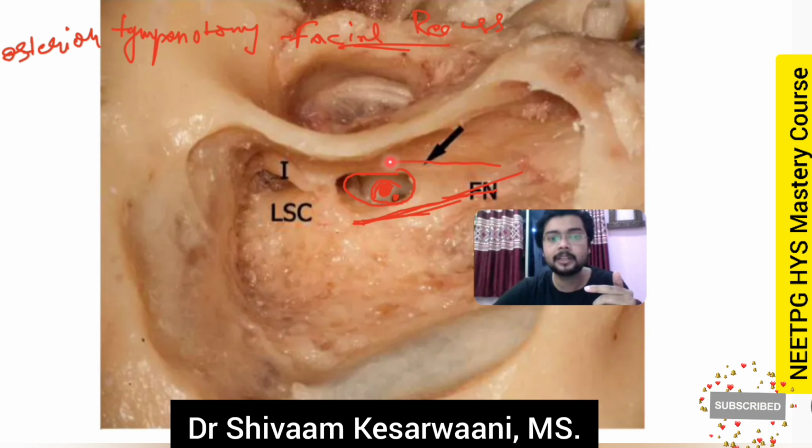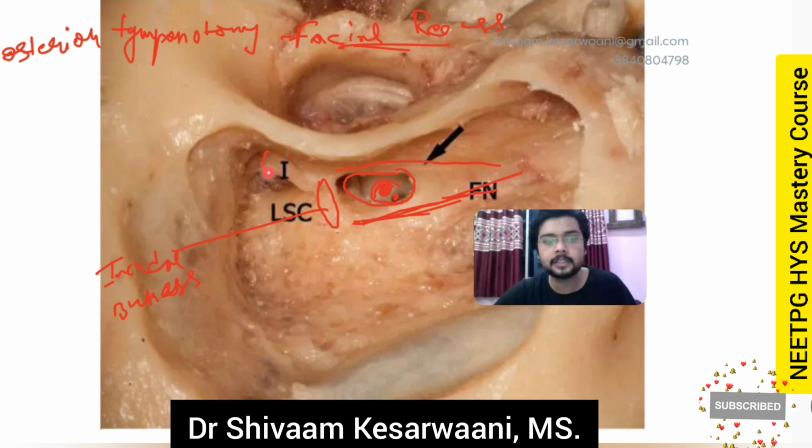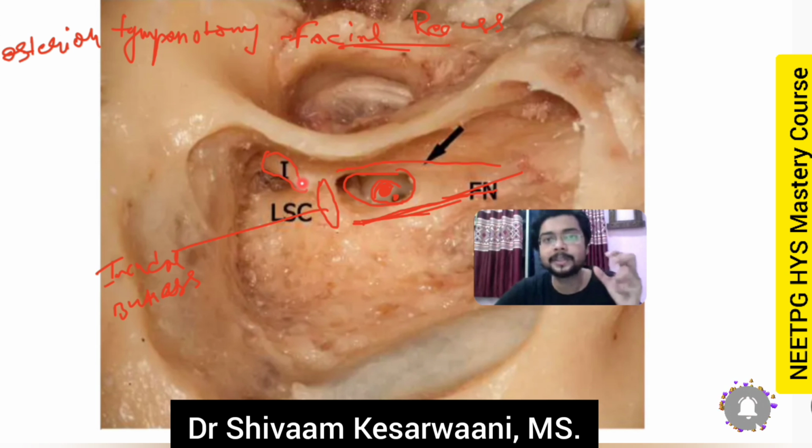Laterally is the chorda tympani and superiorly is the incudal buttress. So what is this incudal buttress? Why are we saying incudal? Because this is a bony overhang over the incus. So here you can see a part of the incus.